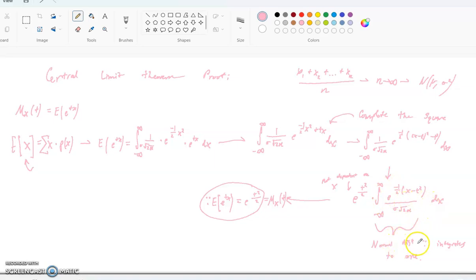And we know that because it is a normal distribution, the integral is going to be equal to 1, and we're just left with the moment generating function equals the expected value of e to the tx, which equals e to the t squared over 2. So all in all, we can confirm that no matter the distribution of data, their means share a normal distribution.